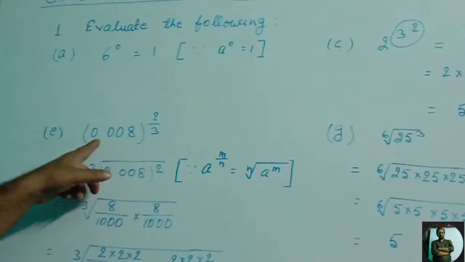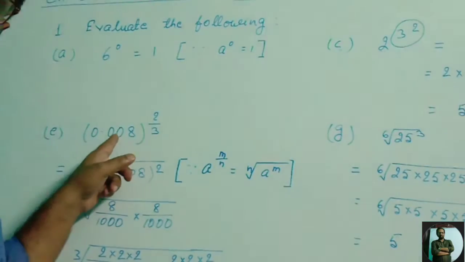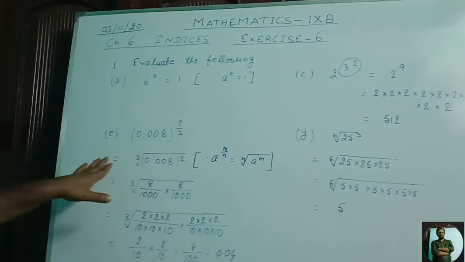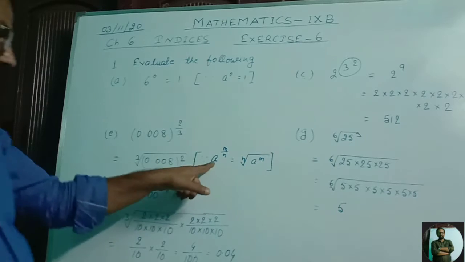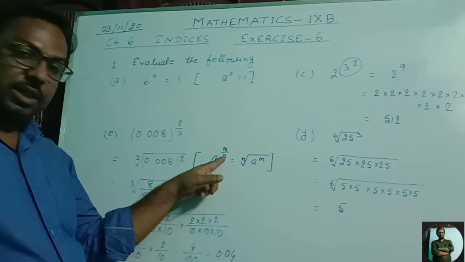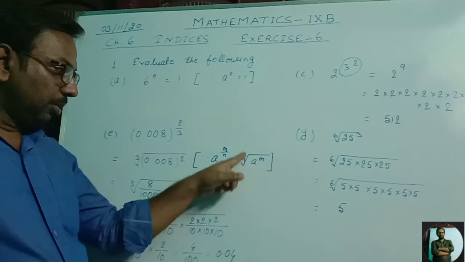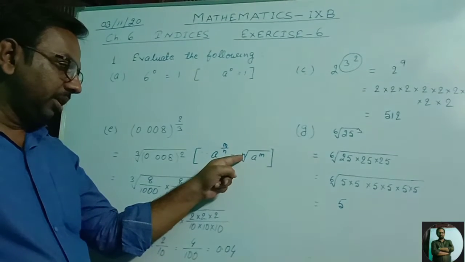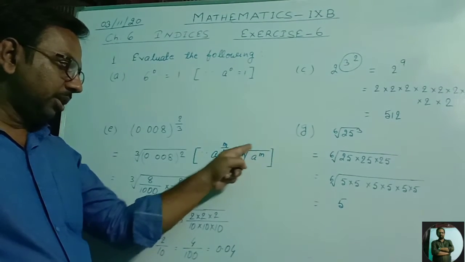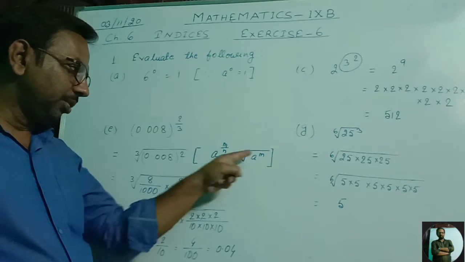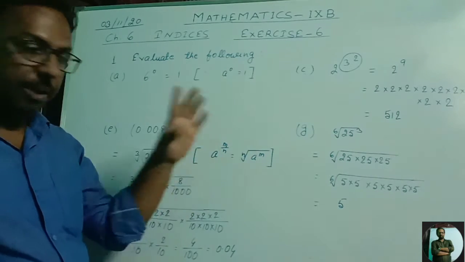Question number E is 0.008 to the power 2 by 3. As you know, the rule is written: a to the power m by n. Then this n, the denominator, will come here as the root over a, and this m will be used as the power of this base a.